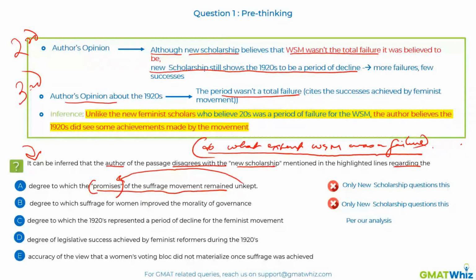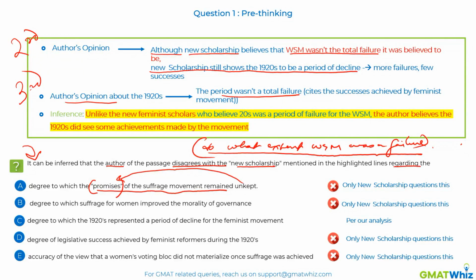This is per our free thinking. Degree of legislative success achieved by, so only the new scholarship questions the legislative success, right? It says that long-term political gains were not there. This is something that only new scholarship questions. So this is also not the answer. And of course, the voting block thing was also only the new scholarship questioning.